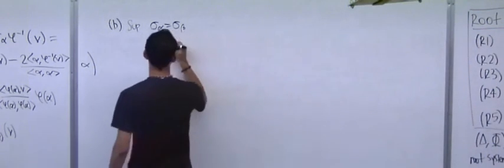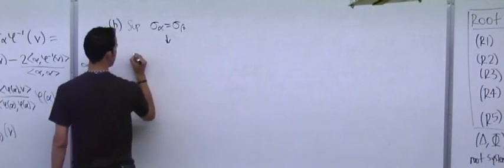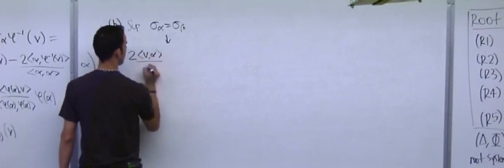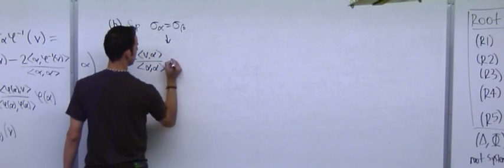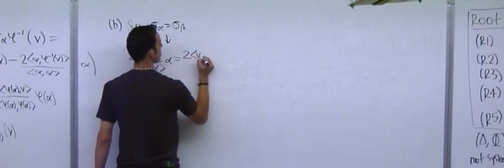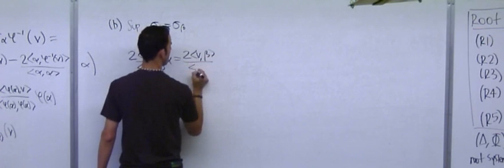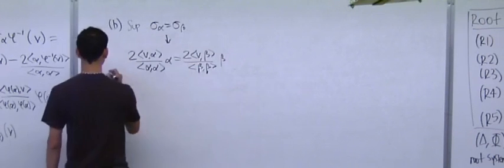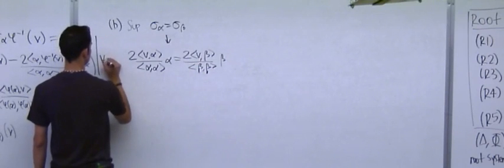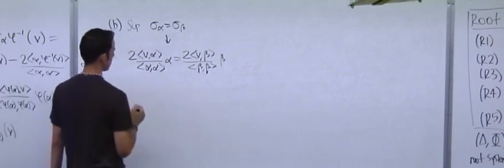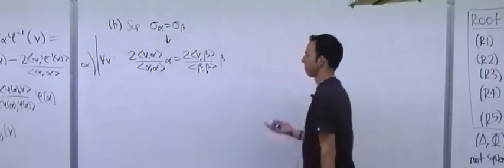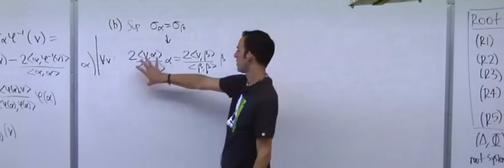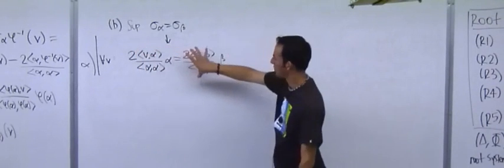So that means that 2 inner product of v comma alpha divided by alpha comma alpha times alpha equals 2 inner product of v comma beta divided by beta comma beta times beta, for all v. And I look at this and I say, well, look, this is a number, this is a number.